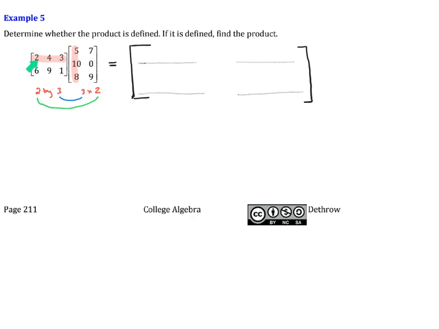Let's take 2 times 5, and that gives us 10. 4 times 10 is 40. And then lastly, 3 times 8 is 24. Now those get added together. And now let's look at our next entry.